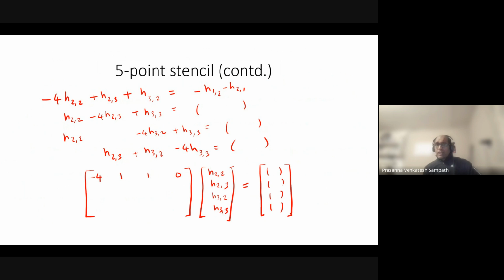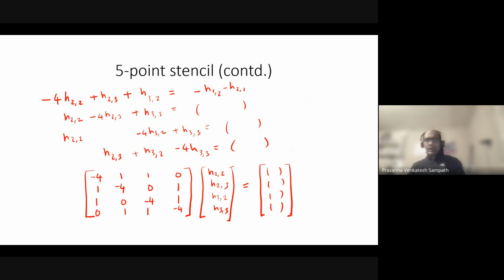Now the second equation will be 1, -4, 0, 1. The next equation will be 1, 0, -4, 1, and the last equation will be 0, 1, 1, -4.